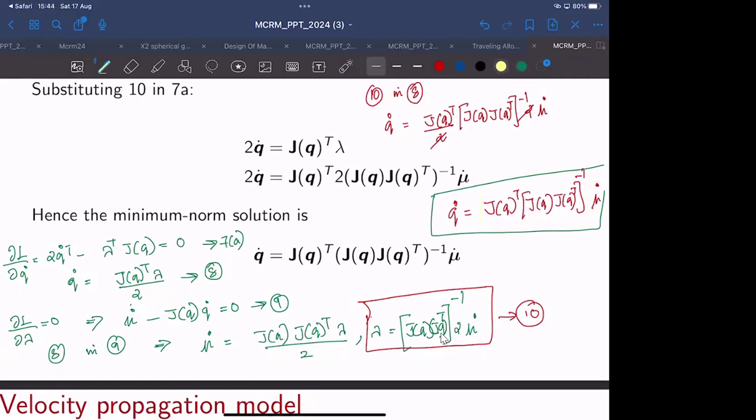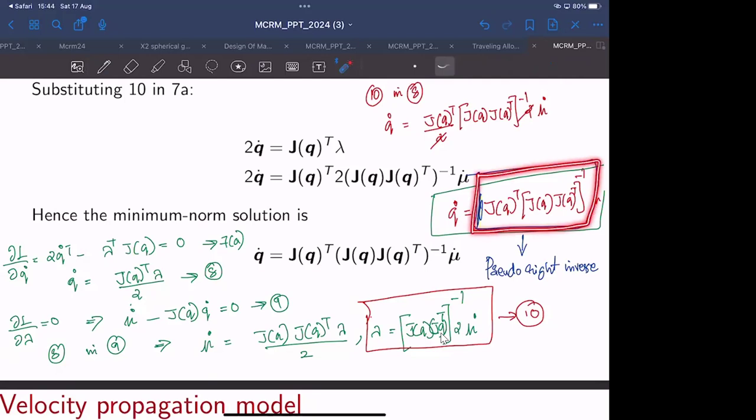Earlier, when there were more equations than unknowns, we used the pseudo left inverse, which gives the least squares solution of Q. And when there are more unknowns than equations, we use the pseudo right inverse so that we get a minimum norm solution of Q dot for a desired mu dot.